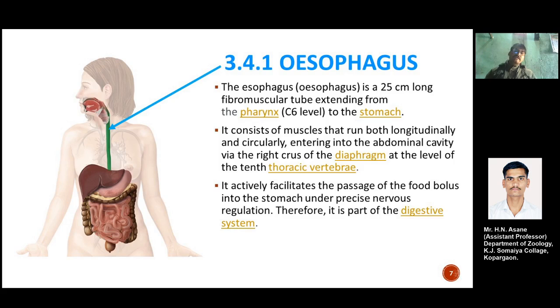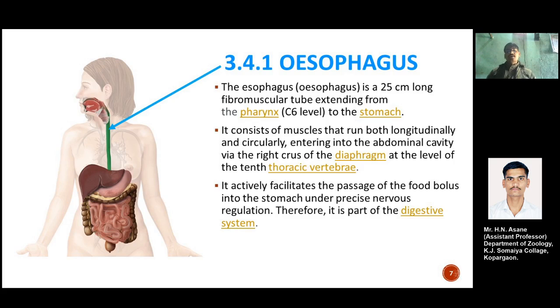It consists of muscles that run both longitudinally and circularly. It enters the abdominal cavity via the right crus of the diaphragm.